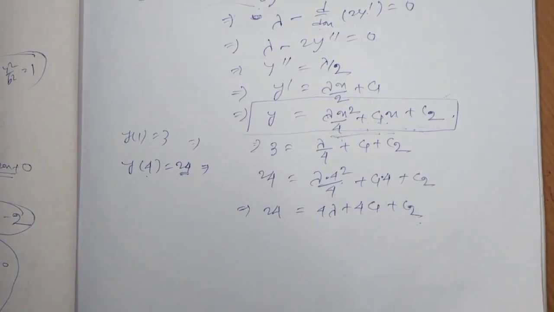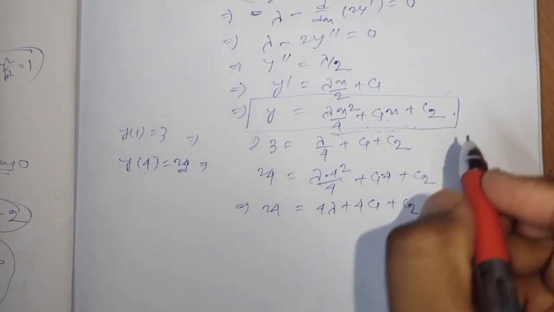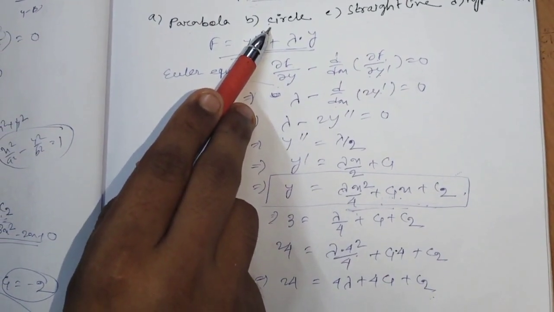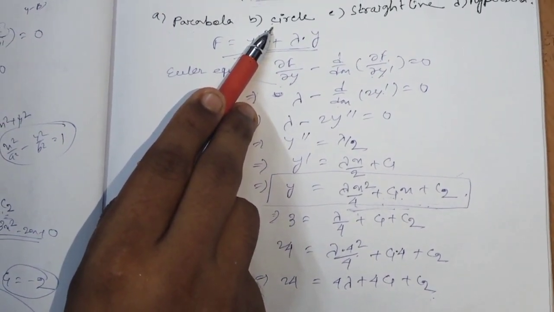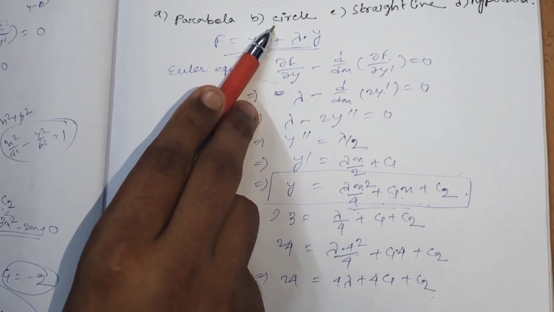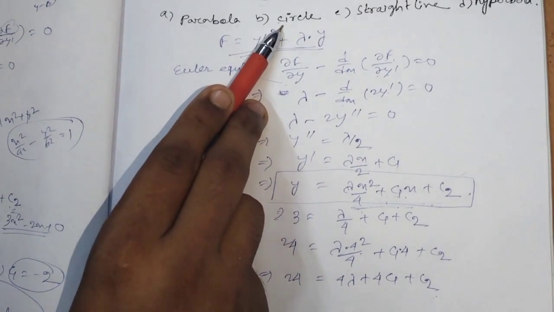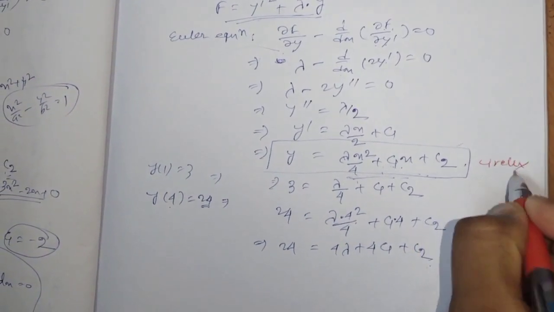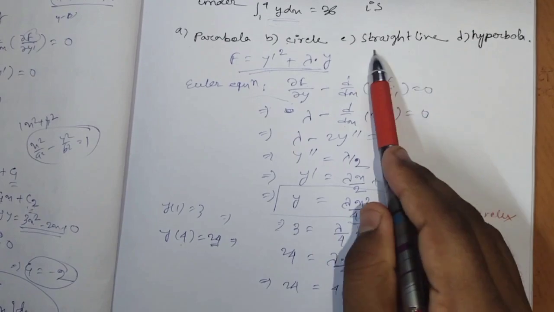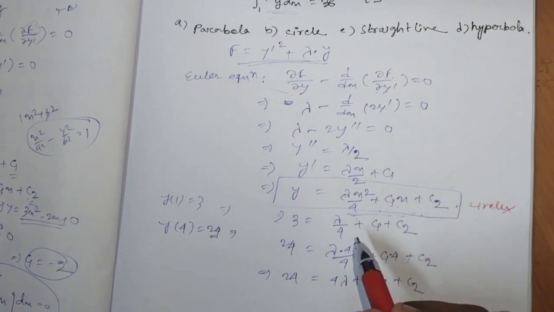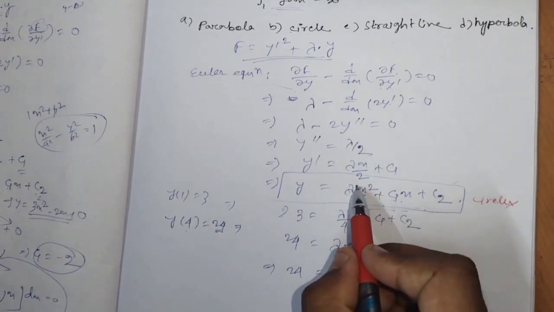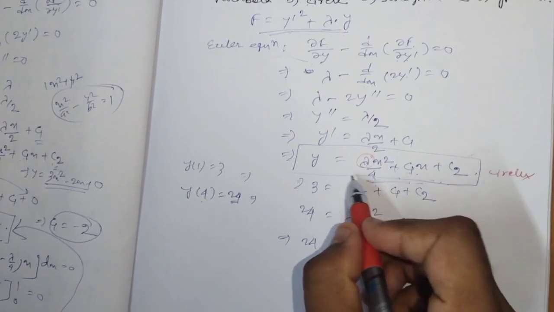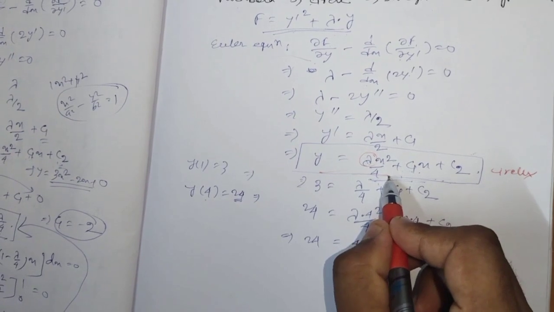No need to check the boundary conditions because we know the equation of a circle should be x square plus y square equal to some constant type. So this can never be a circle. Option C, straight line. This can never be a straight line because lambda is non-zero for an isoperimetric problem.